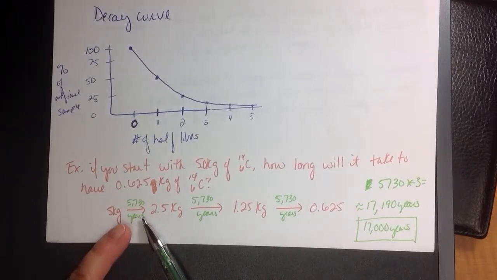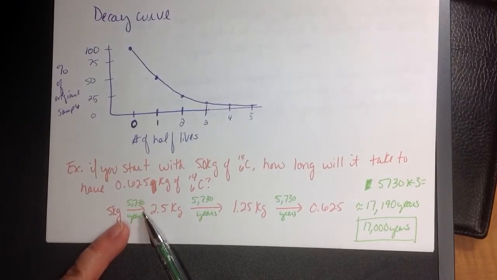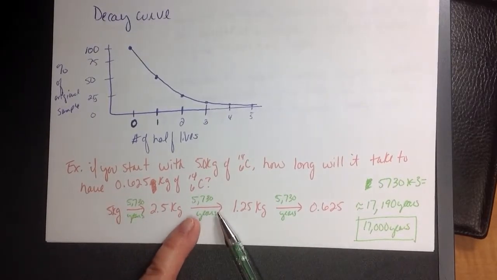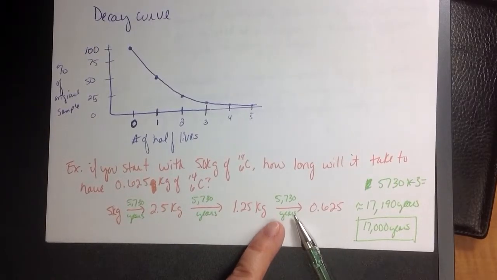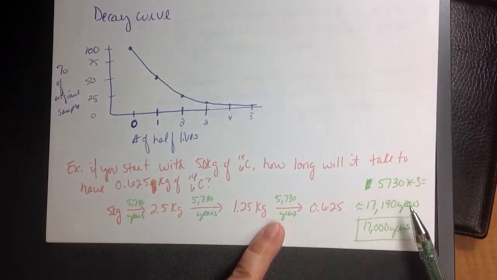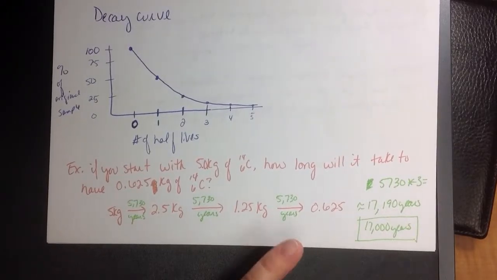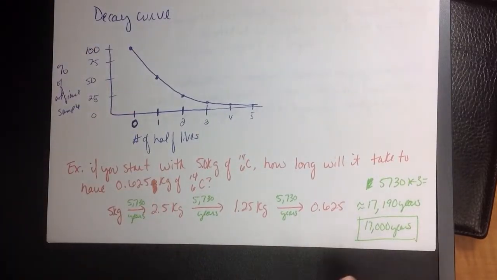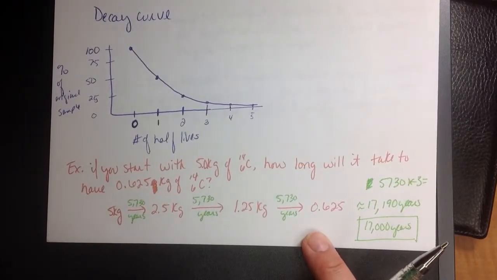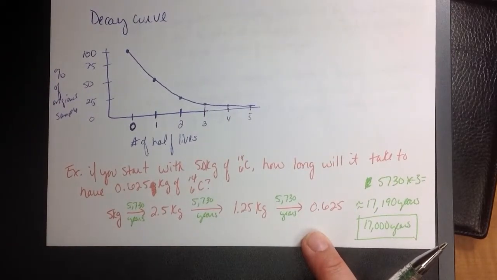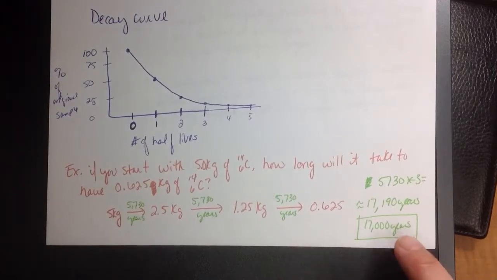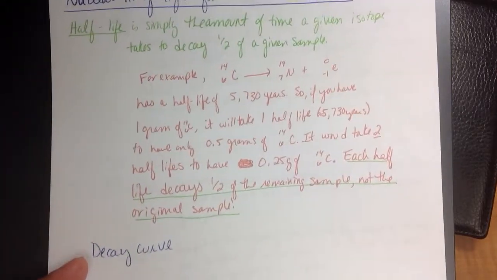This would be one half-life, 5,730 years, another half-life, and another half-life. So to calculate that, you just take 5,730 times 3, and make sure you account for significant figures. There's only 2 of them there, and that's how you get your calculation here, okay?